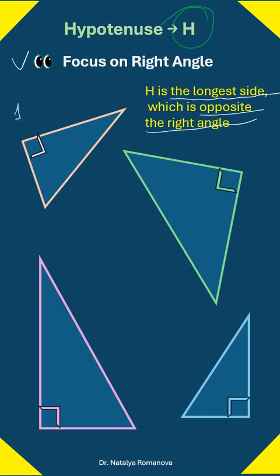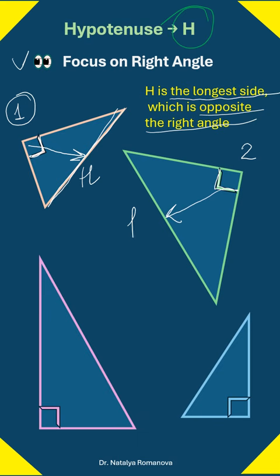So the first triangle has a right angle here, and the longest side, opposite it, is H. It is the hypotenuse. The second example: right angle here, the opposite side is the hypotenuse, H, the longer side.